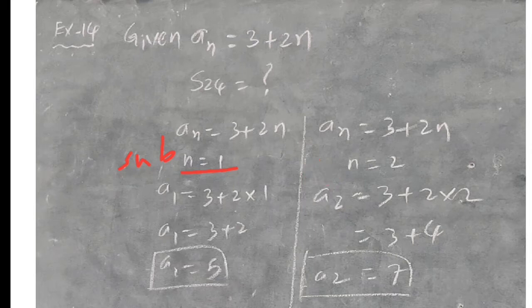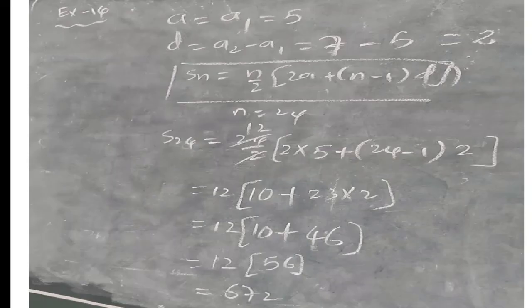Then 3 plus 2 into 2, 2 into 2 is 4, 3 plus 4 is 7. So a2 value is 7. So a1 value is 5, a2 value is 7. We know very well the first term is denoted with a or a1. So a equals a1, that is 5.